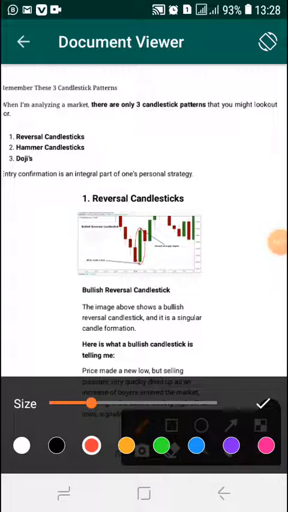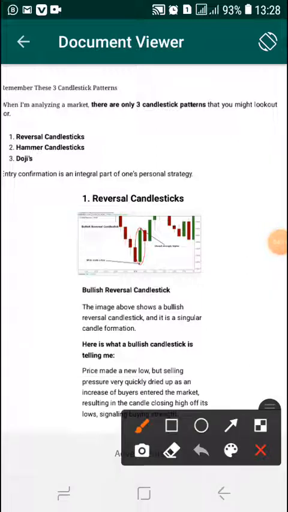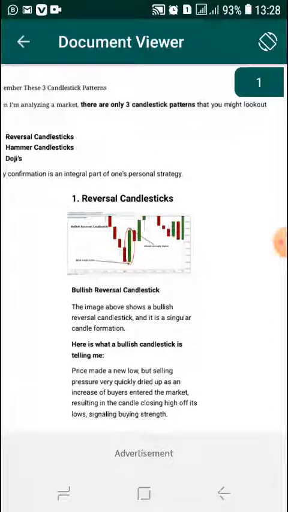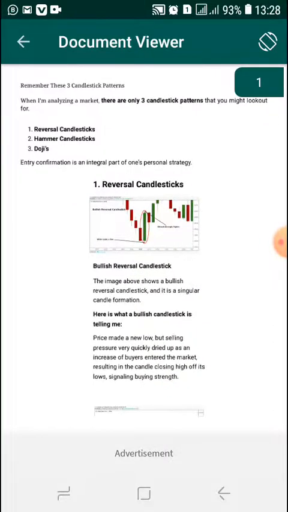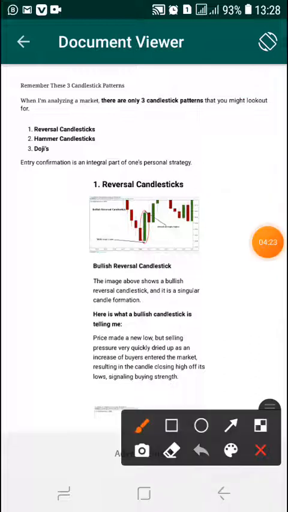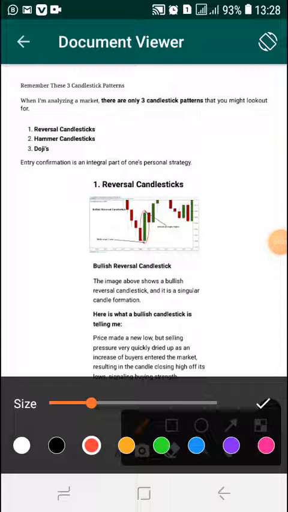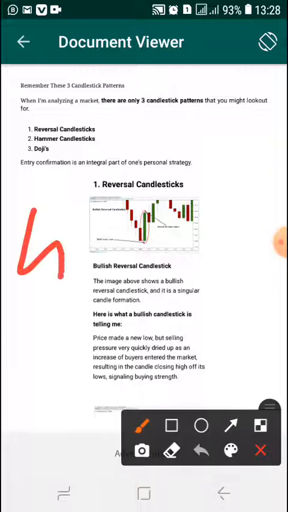Say the market is going down, so we'll use the black one. Let me try this again. Let me use the red one. Say that the market is going down like this.